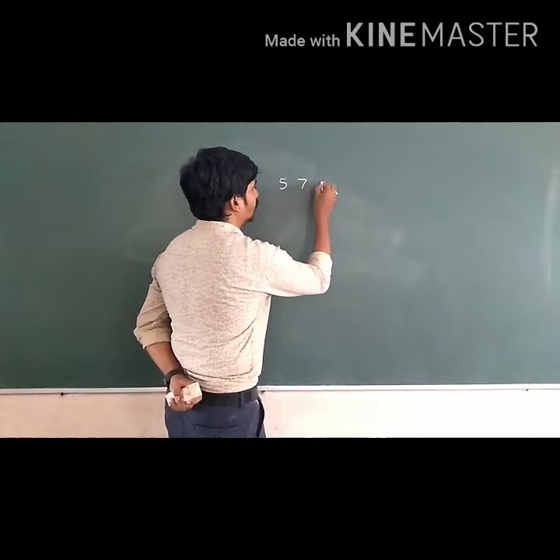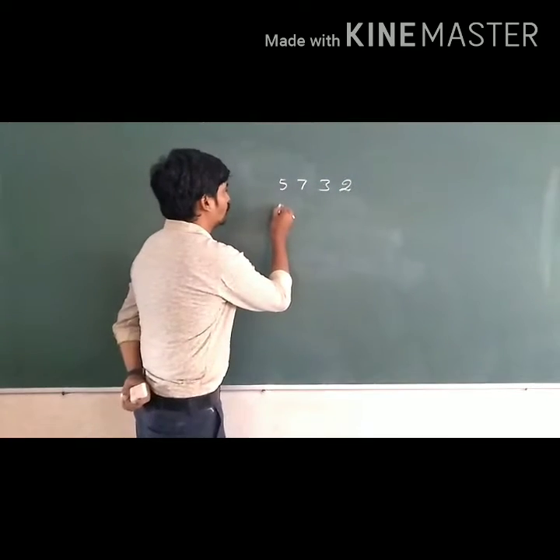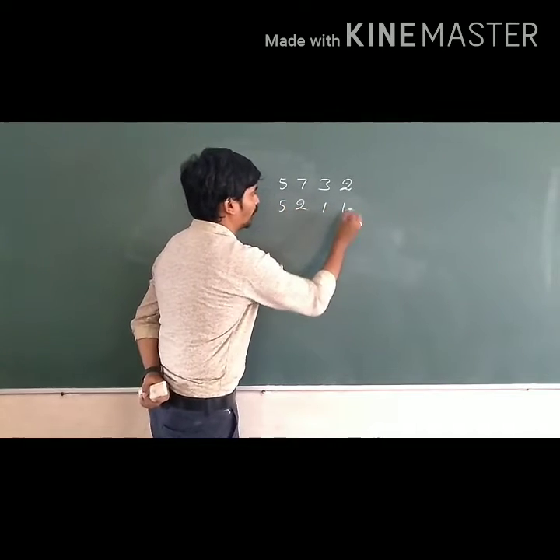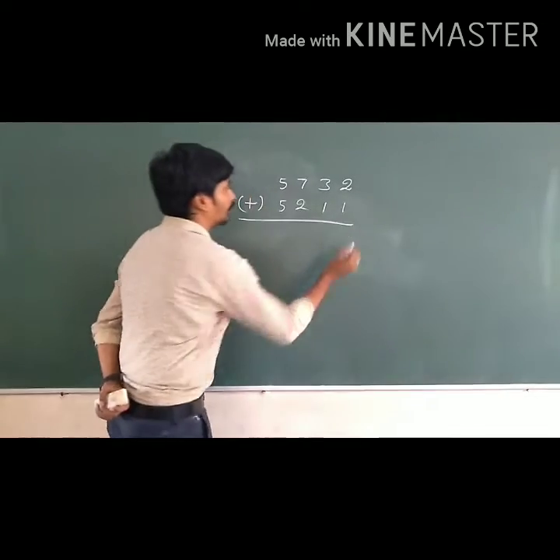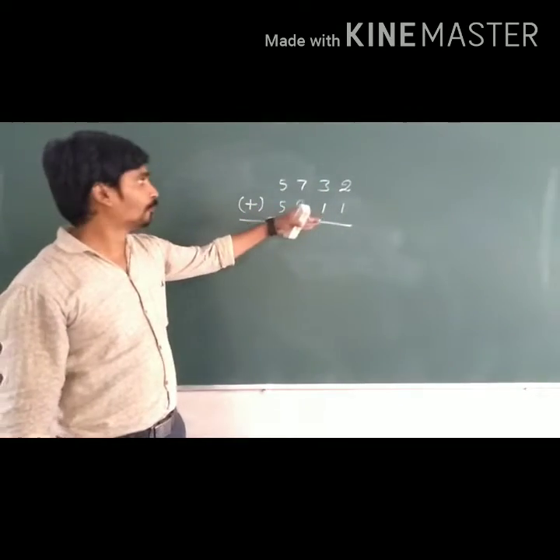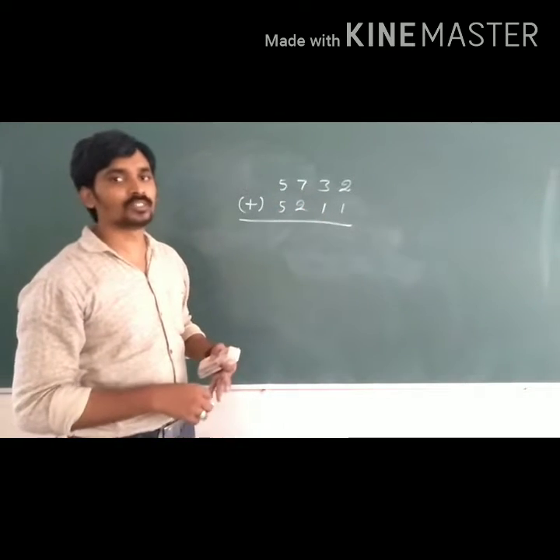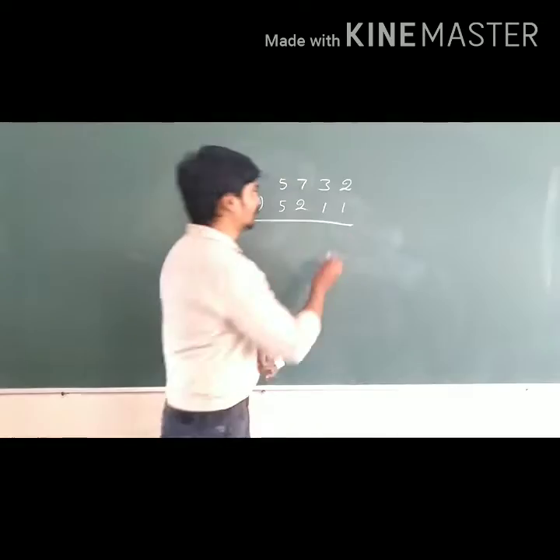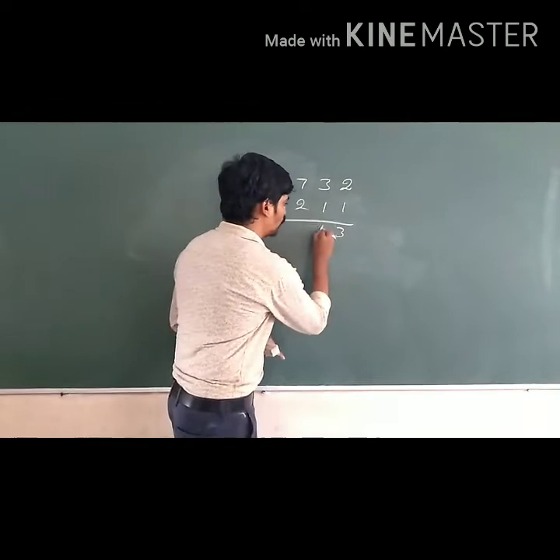5, 7, 3, 2 and 5, 2, 1, 1. Adding the values. How many digits? 4 digits sum. 2 plus 1, 3. 3 plus 1, 4.